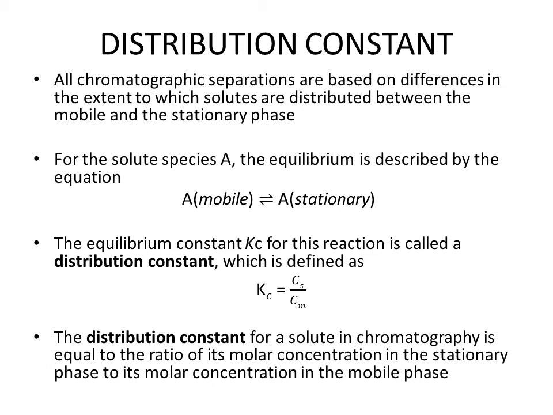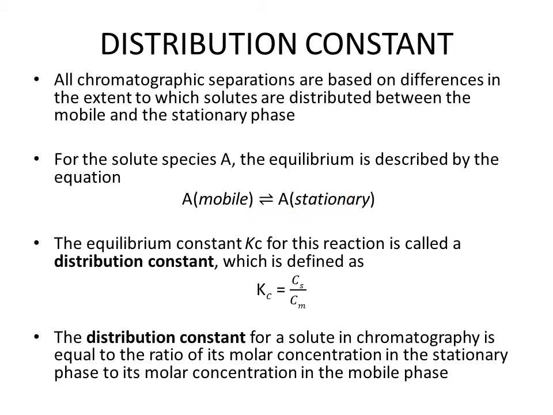During the elution process, the solute distributes itself between the two phases, the stationary phase and the mobile phase, and their concentrations in these phases give us the distribution constant. For example, for solute species A, the equilibrium is described by the concentration of A in the mobile phase and the concentration of A in the stationary phase.